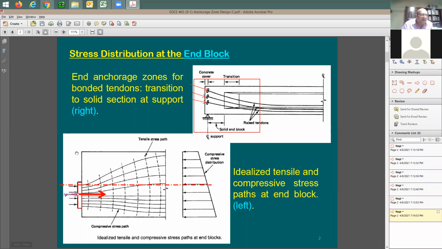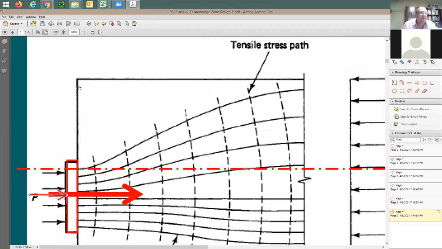Do you think you're going to have any stresses at this point? Any compressive stresses, right at this point? Let me put it right here. If you put an axial force concentrated here only, actually this area here, you're not going to see any compression at all in this location.